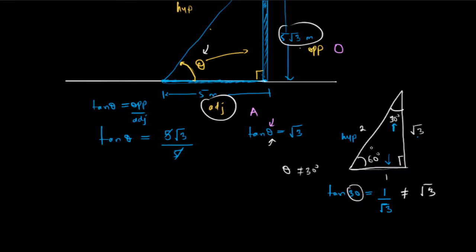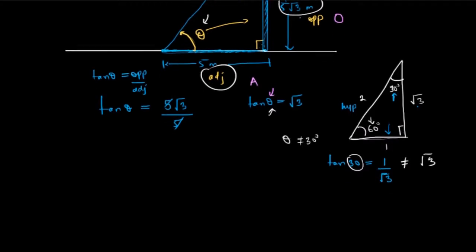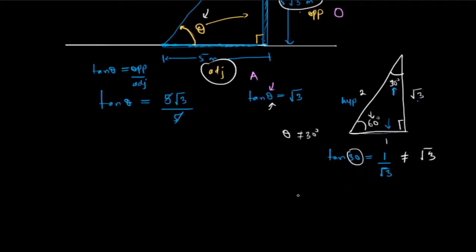But we have another angle here. With respect to this angle, which is 60 degrees, the tangent of 60 degrees equals what? With respect to 60 degrees, the opposite is the square root of 3.